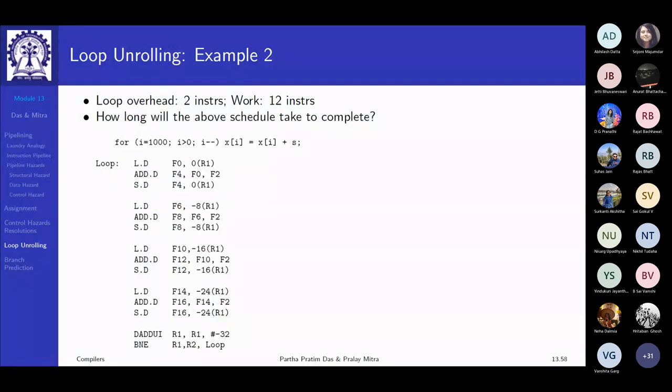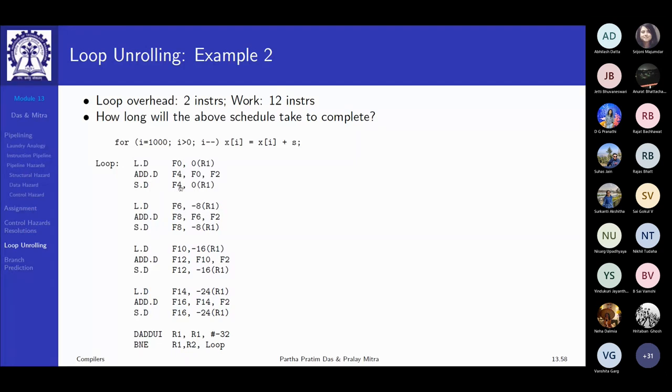So we start with the target of having a 4-fold unrolling. So we have load, add, store, load, add, store, load, add, store, load, add, store. And to keep all of them independent of each other, I have used different registers. You may ask, why do I need different registers?